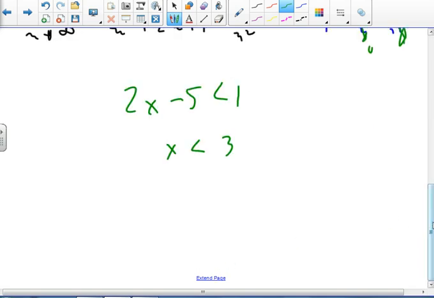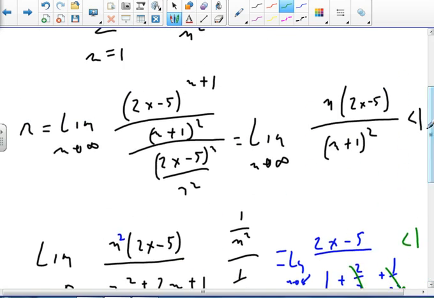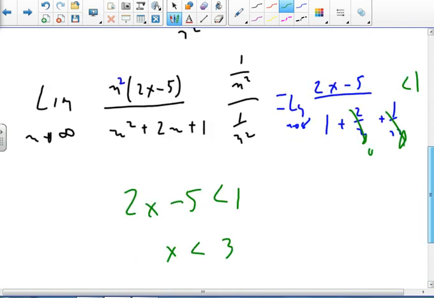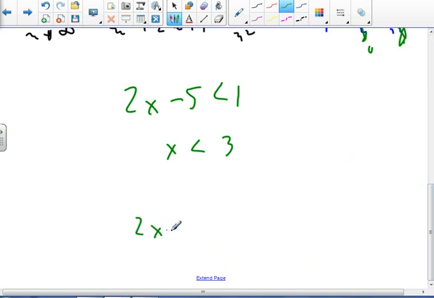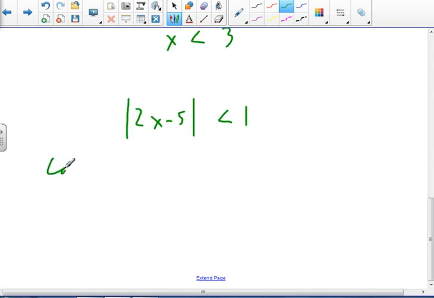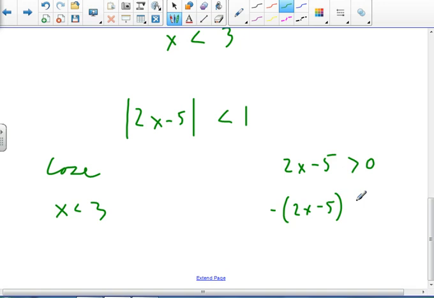So how do I get the other side? Oh, yeah. So basically the absolute value of 2x minus 5 has to be less than 1. In case 1, that would give x less than 3. But if 2x minus 5 is less than 0, then minus (2x minus 5) has to be less than 1.